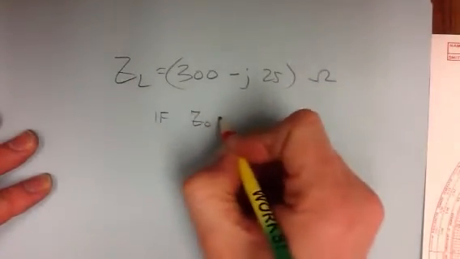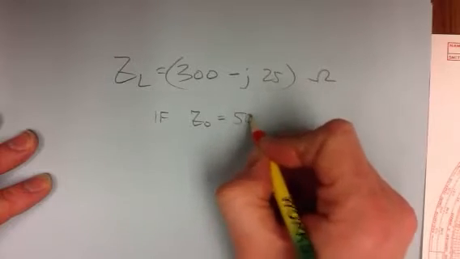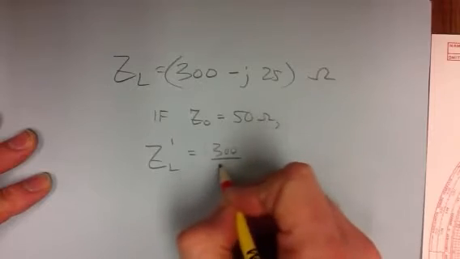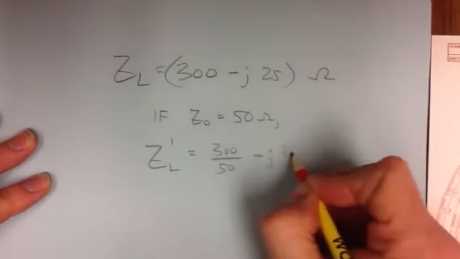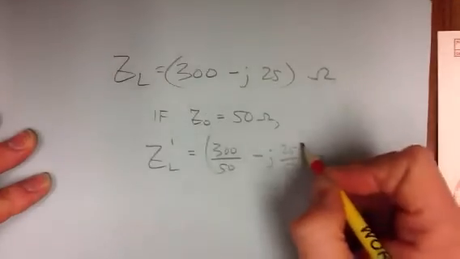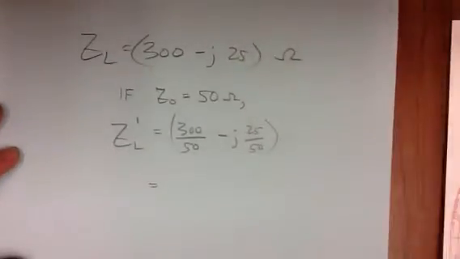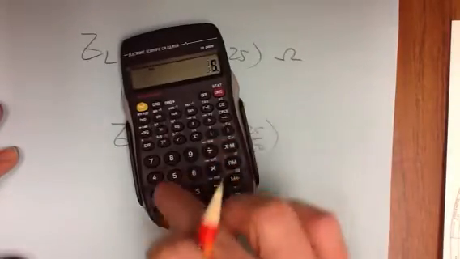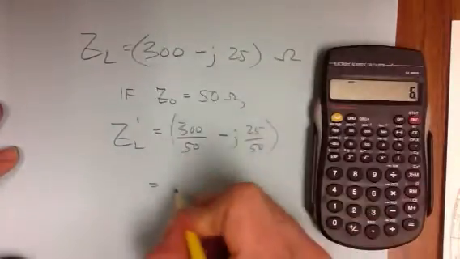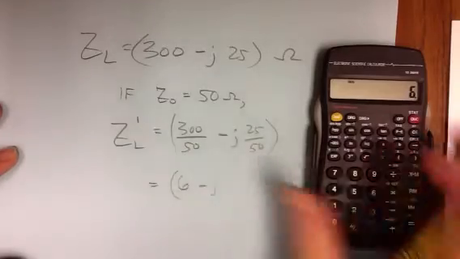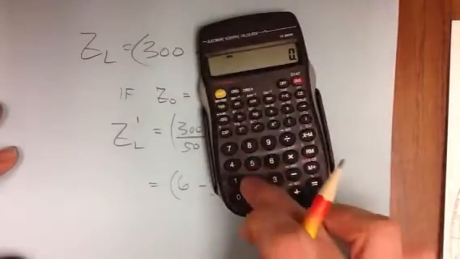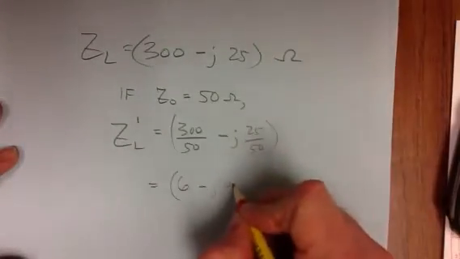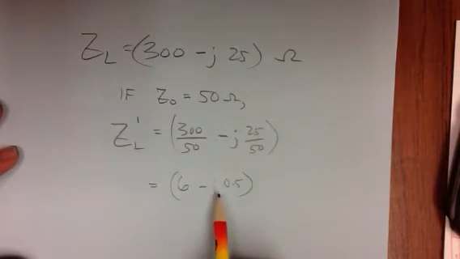If Z naught, the characteristic impedance, is equal to 50 ohms, the normalized impedance is going to be 300 over 50 minus J25 over 50. 300 divided by 50 is 6, and 25 over 50 is 0.5. So we're looking for 6 minus J0.5.